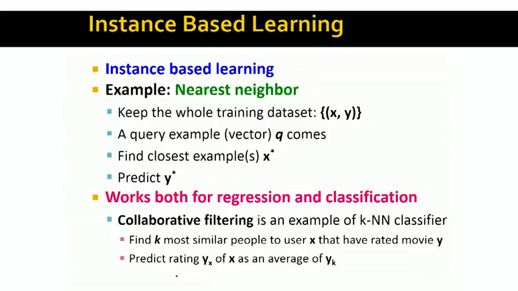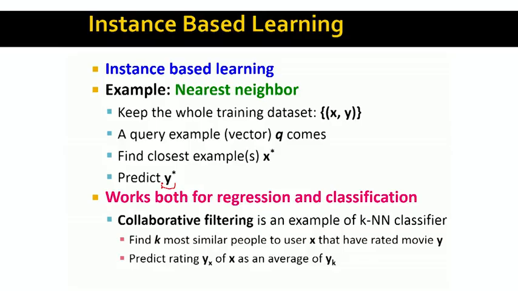Where the idea is that we take all our training data, all our x, y pairs, let's say in memory or on the disk, and then whenever a new query example, let's call it Q, comes, we find other examples x prime that are similar to it, and then based on the labels of those examples, we predict the value y star for the given query point Q. What is interesting about nearest neighbor is that it works both for regression and classification.